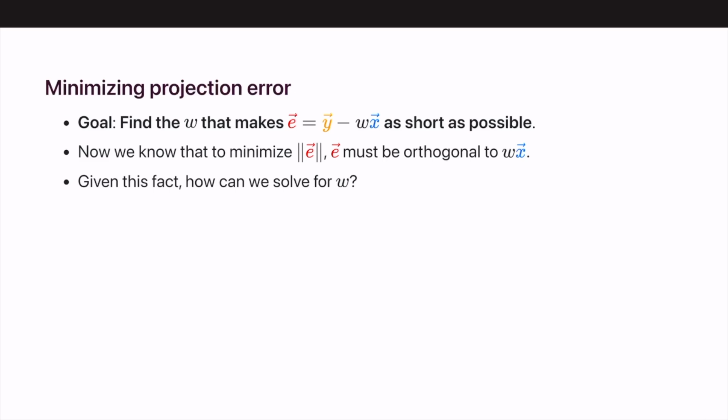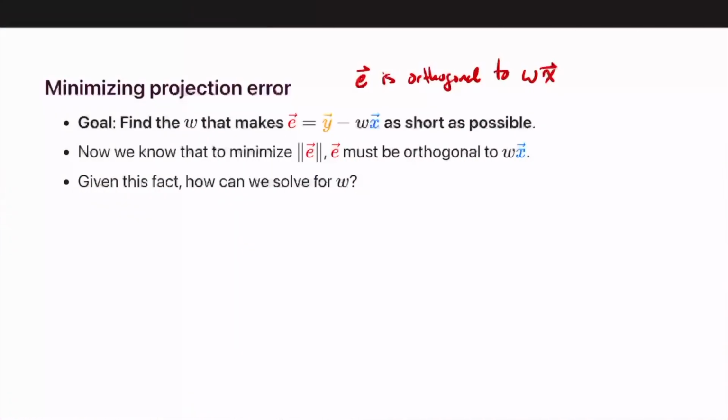Okay, so the idea here is that the vector E is orthogonal to some Wx, right? And so as an equation, this would look like, we'll use blue for x, right?